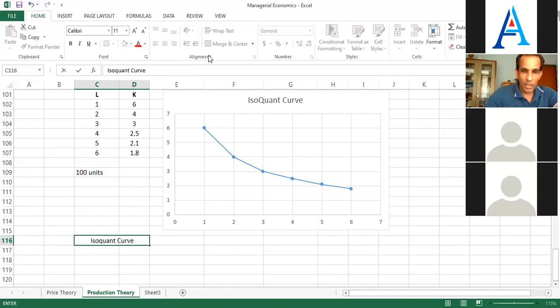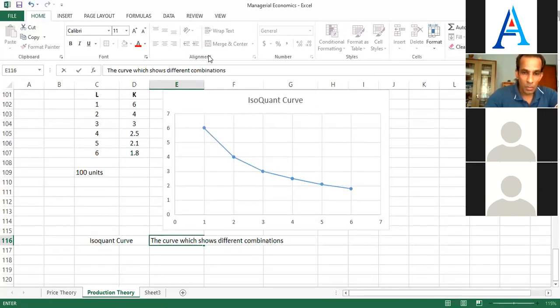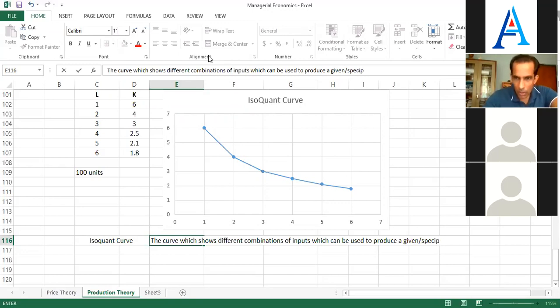The isoquant curve is the curve which shows different combinations of inputs which can be used to produce a given, or specific, level of output.